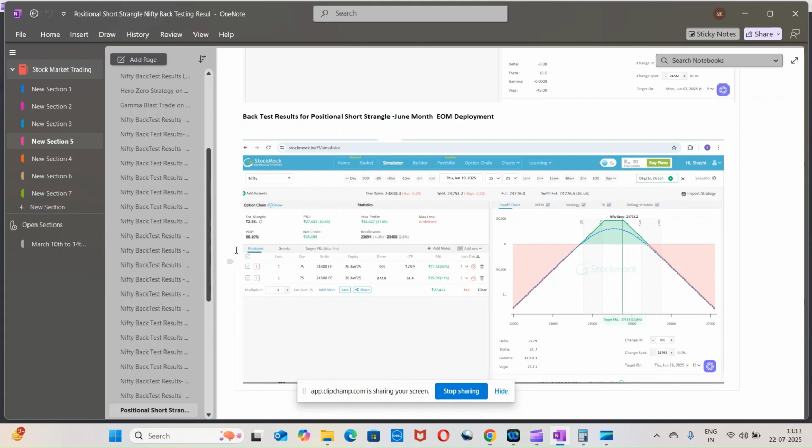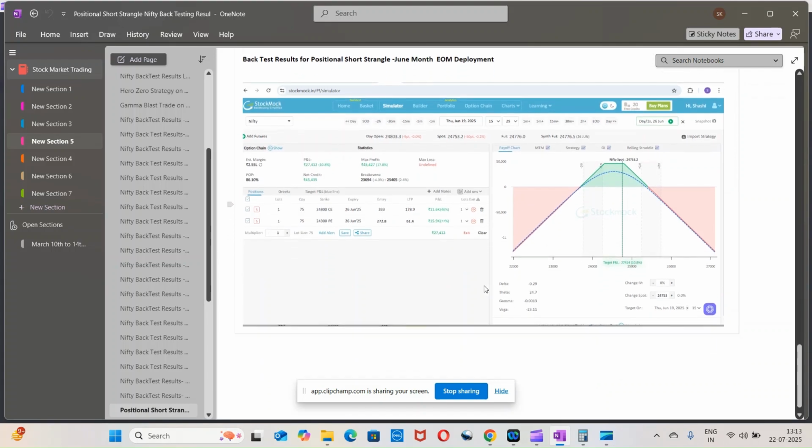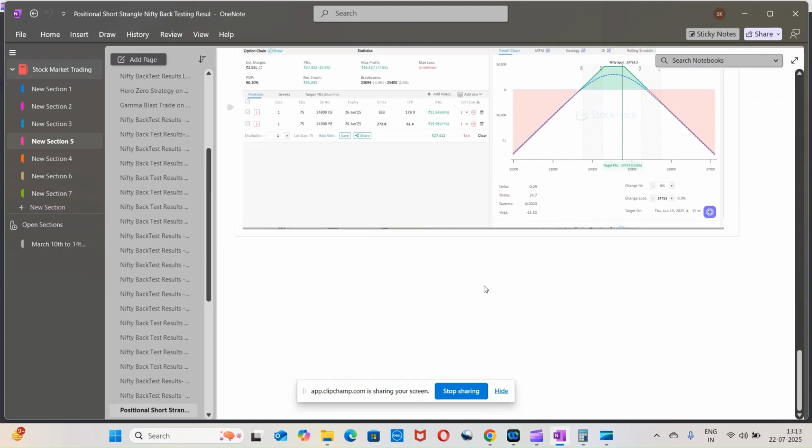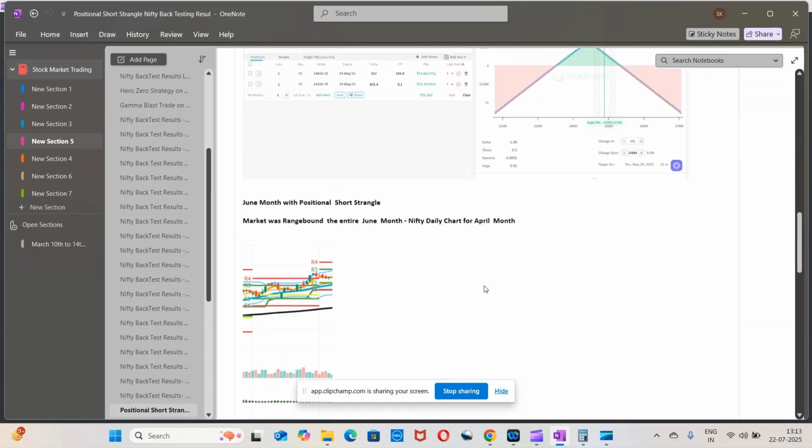Okay, and you don't do anything here. This is a monthly strategy. You just deploy it and leave it, and you put some hedges here that will help you to have a sound sleep, and not bother having sleepless nights. Okay, so that's what this is.